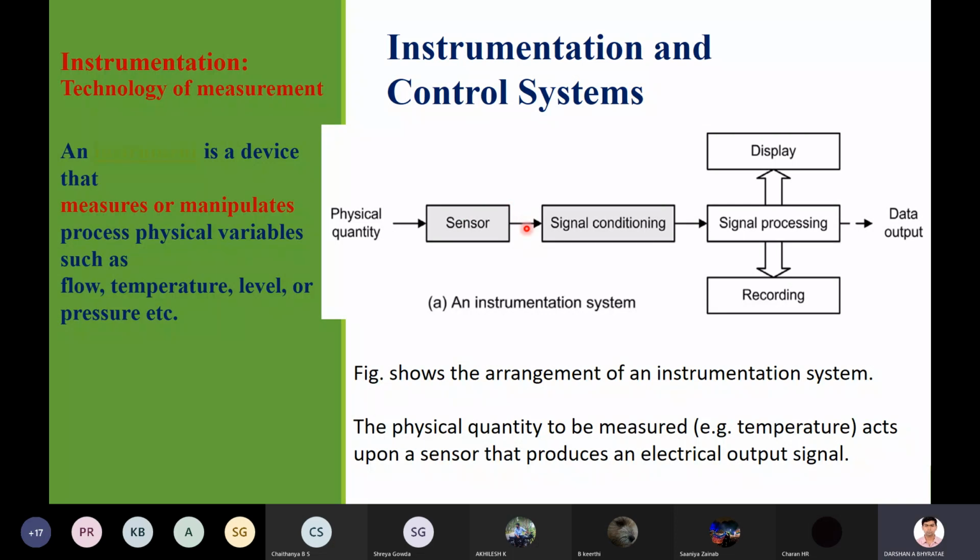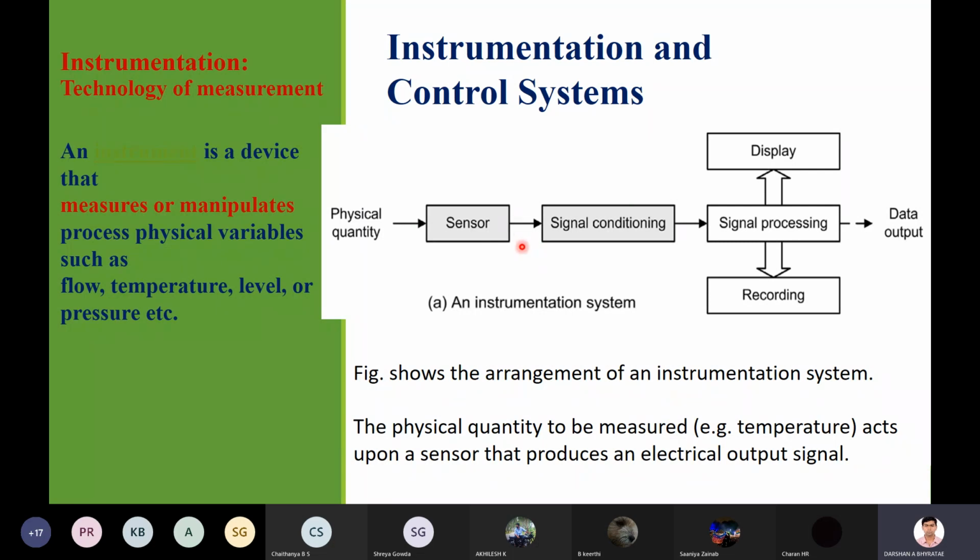But the electrical signal that it generates is in terms of millivolts. If I want to process that electrical signal, I have to check the condition. Signal condition is, for example, the output of the sensor is generated from 0 to 5 millivolts.